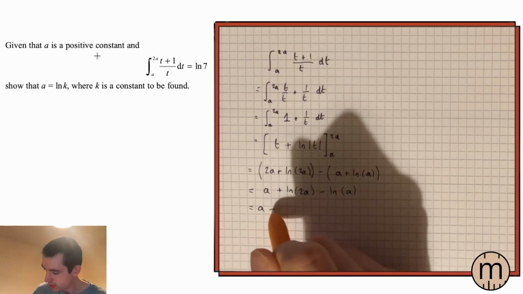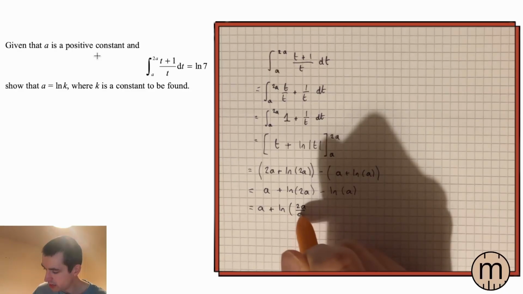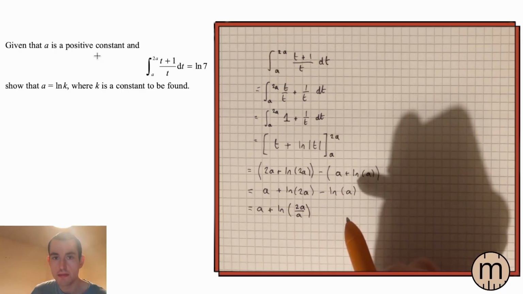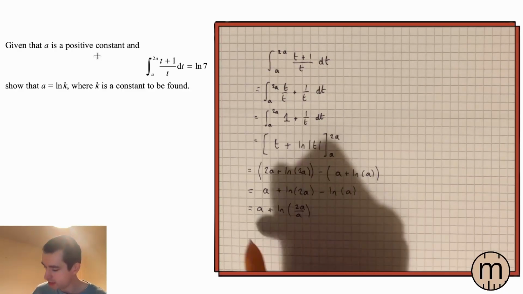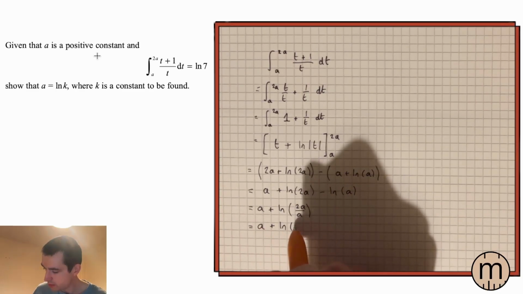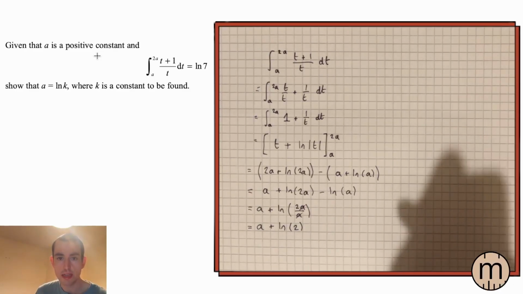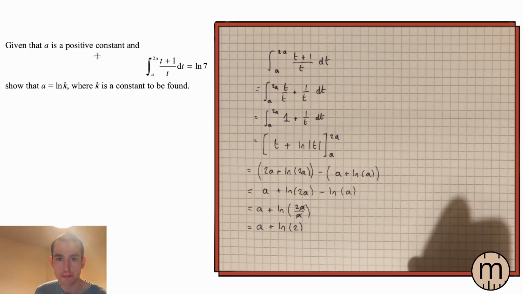So this is the same as the natural logarithm of 2a divided by a. That means this is equal to a plus the natural logarithm of 2a divided by a. Cancel, cancel. That gives us just 2 left over.